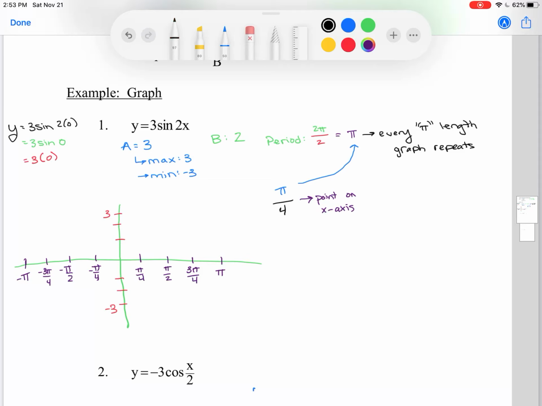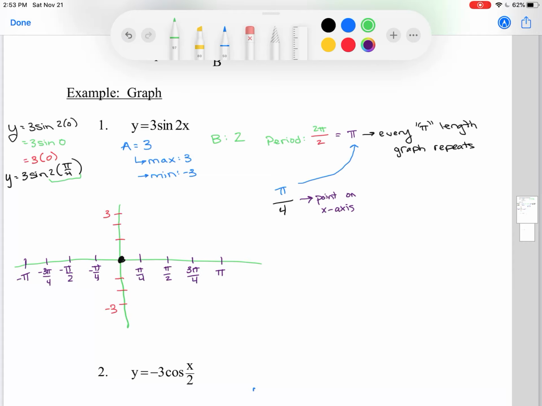So now I have to say, well, what is sine at 0 radians? And now that I multiplied that 2 and 0 together, it gave me 0. So now I look at the unit circle and I find sine at 0, which is going to be 0. So at this picture, at 0 on my x, I want a y value that's also 0.